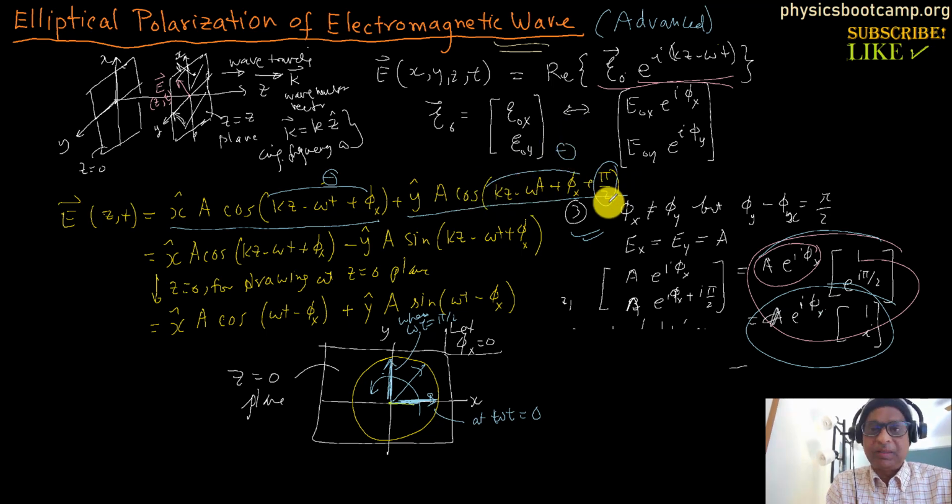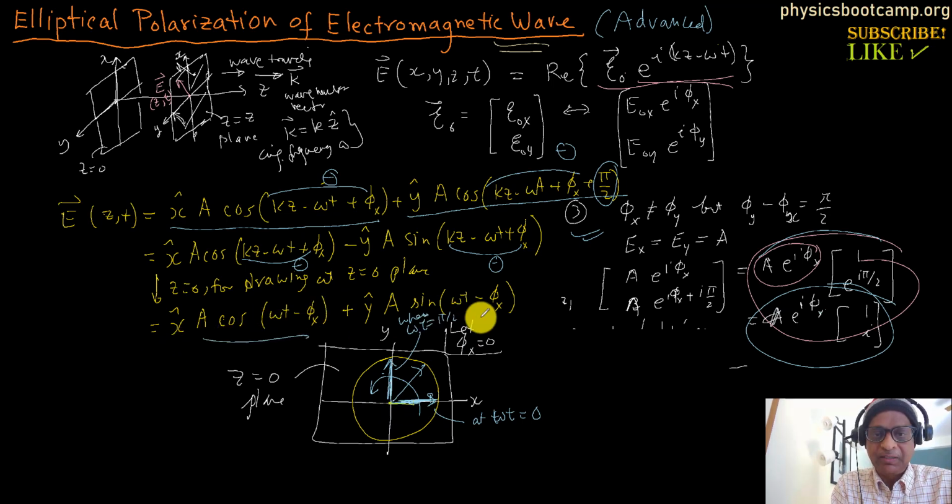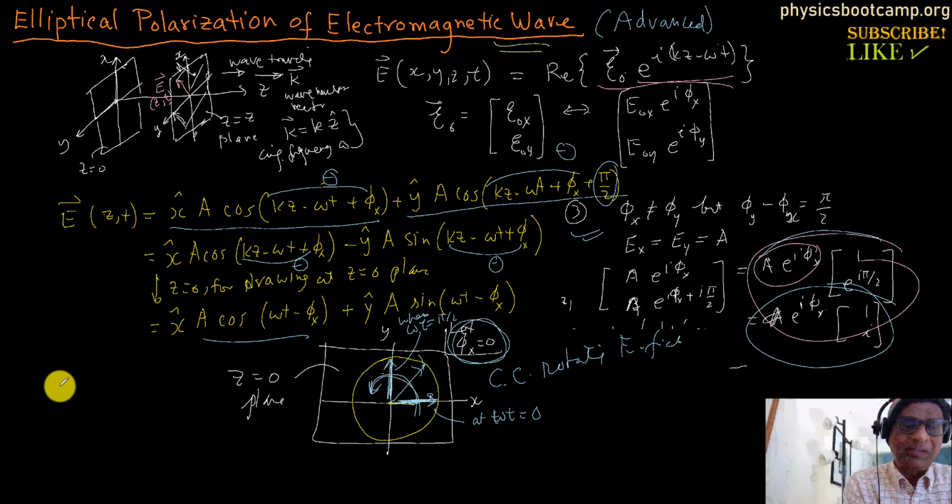If I use the cosine of a plus b, I get a minus sign here, and this is theta. Now let's look at z equal to 0 just for the drawing purposes. You're going to get something like this, and pick this also just for drawing because it's arbitrary and shouldn't make a difference in the behavior. So you will see this counterclockwise rotation, a counterclockwise rotating E field, and this is happening in time, but the same thing is happening in space.